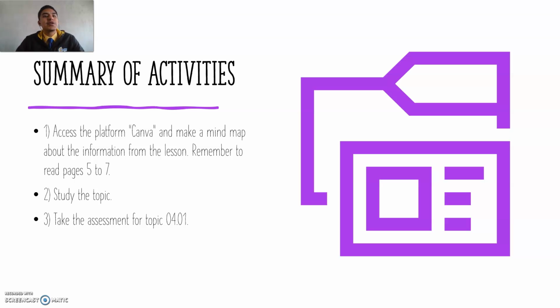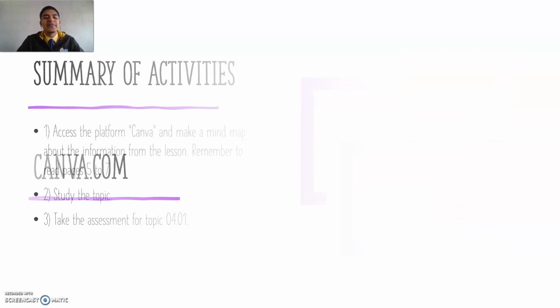So you don't actually have to make the regular summary that we do every single class. But in this case, you are going to synthesize all of the topic in a mind map in Canva, okay? But anyways, it is still important that you include the date, the title, end in mind, and then you include the graphic organizer. So make sure to access canva.com after you have finished, of course, watching this video and reading the topic.